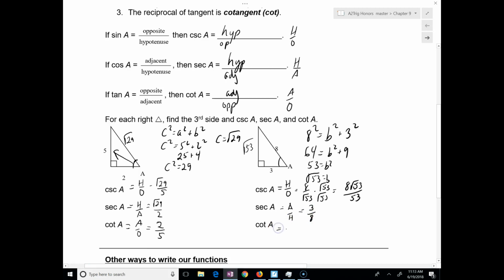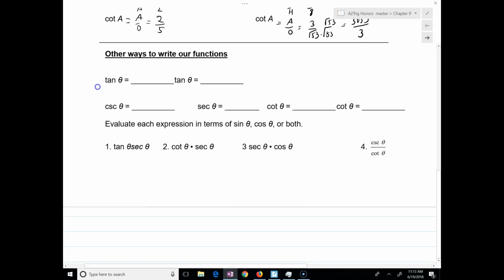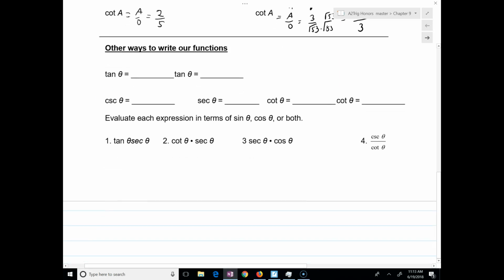But cotangent is adjacent over opposite. Our adjacent being 3 again, and a radical 53 shows up. And again, to rationalize, we multiply by radical 53. Radical 53 is 3 radical 53 over 3. And again, 53 doesn't break down, so we don't have to do anything. So just a reminder, you can start playing with the simplification of these functions.